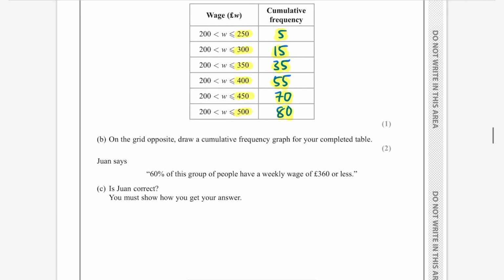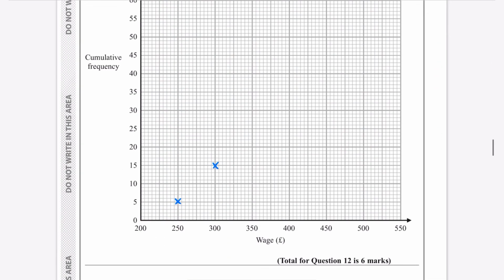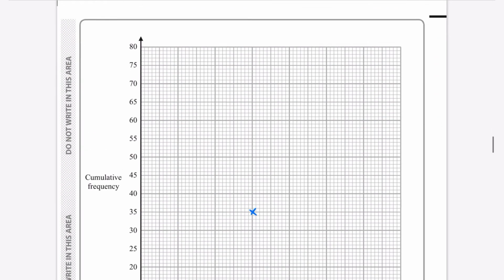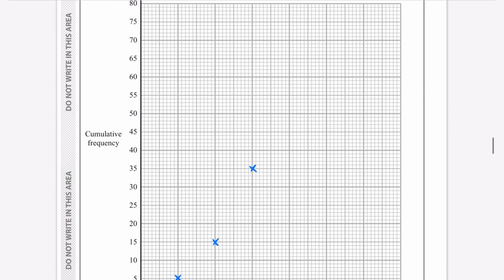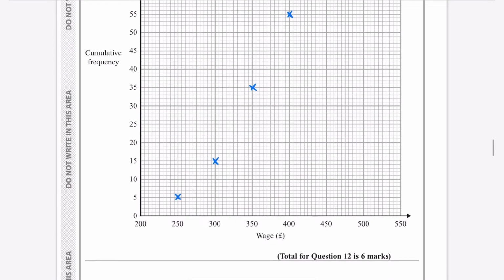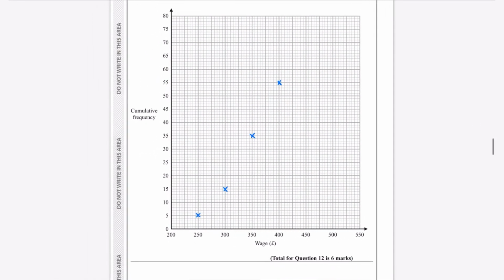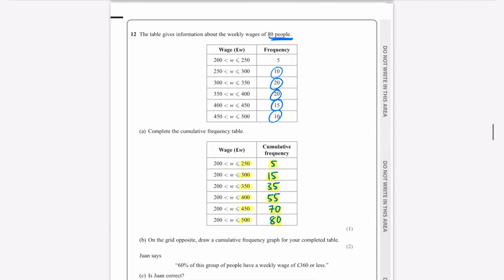The 350 goes with a 35. The 400 goes with a 55. And then 450 is going to go with 70, and the 500 goes with 80. Yep, that's just correct.